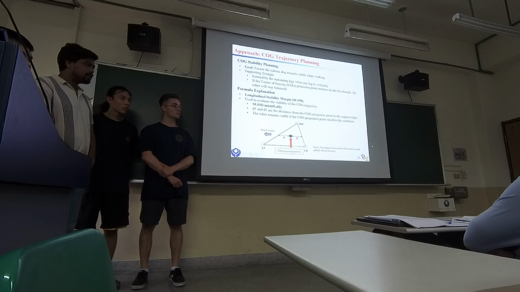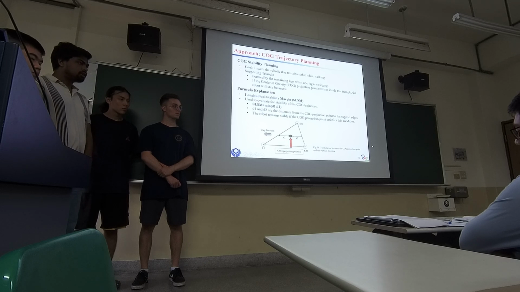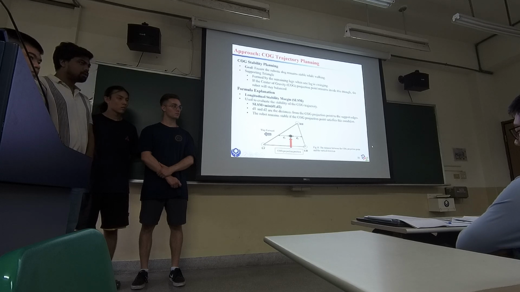When you write a proposal, there's some wording that doesn't look like what you truly mean. It looks like you directly copied some sentences from the paper, because there's a sentence where you said the author proposes the SLSN to evaluate the stability of the COG trajectory.